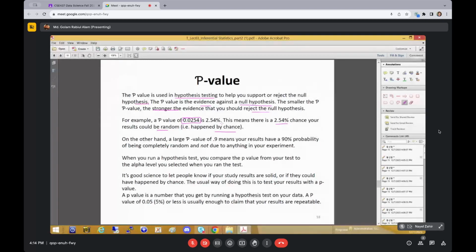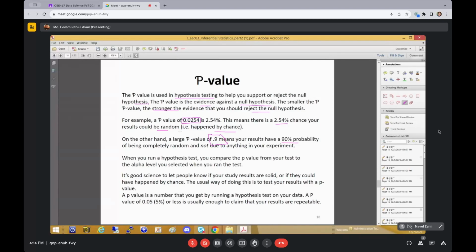So if the p-value is 0.9, it means you have a 90% probability of being completely random. That means the result you get has a 90% probability of being from random results. That means we cannot claim the alternate hypothesis.